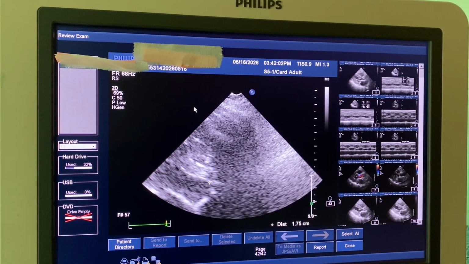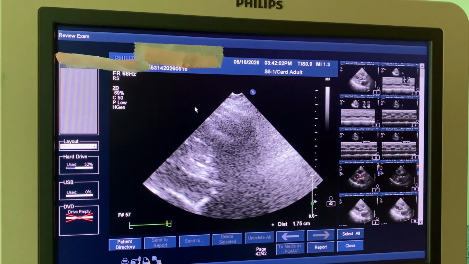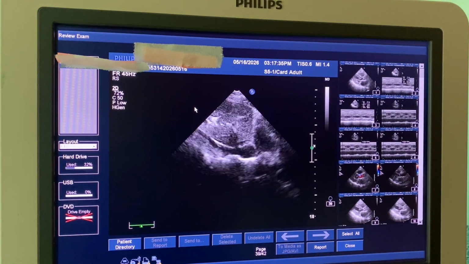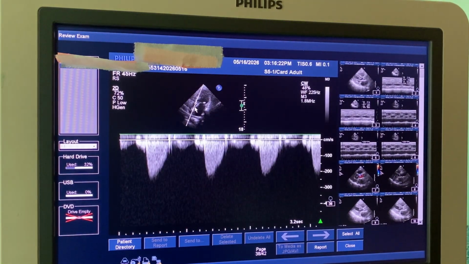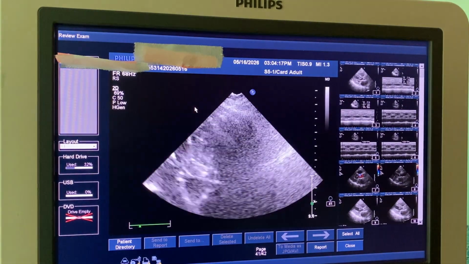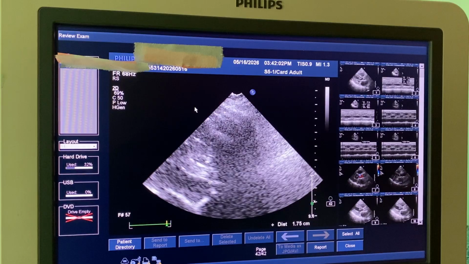So where are we going to get that other distance? I remember I took it. I did save it. Where do we take the distance? The distance, we are going to get the VTI.